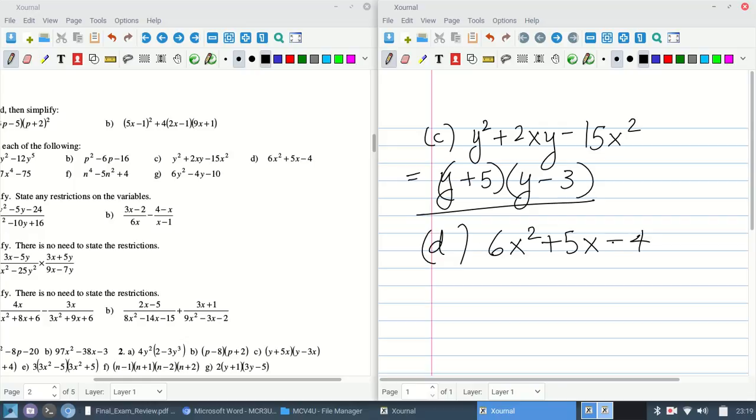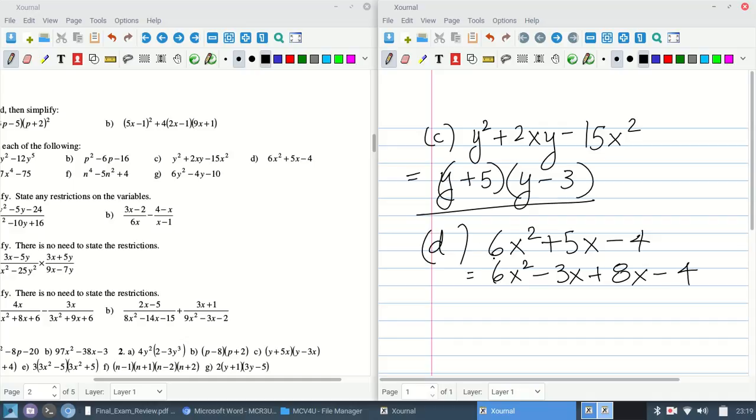And I need to make sure one of them takes on a negative. So that's easy, and I do a split of the middle term. So 6x squared, and I'm going to say negative 3 plus 8. So negative 3x plus 8x. And that's the middle term of positive 5 minus 4.